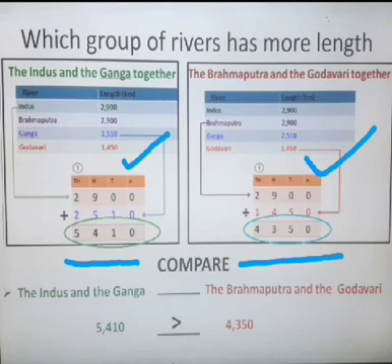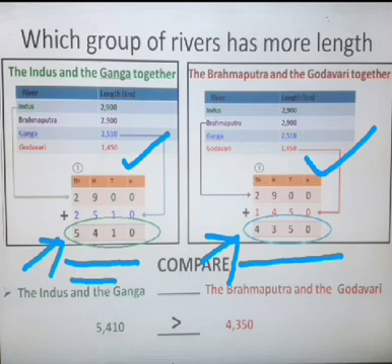Now, let us check the numbers given in the thousands place. Here, in the thousands place, 5 is there, and here is 4. Children, which number is greater here? 5 or 4? Yes, it is 5.